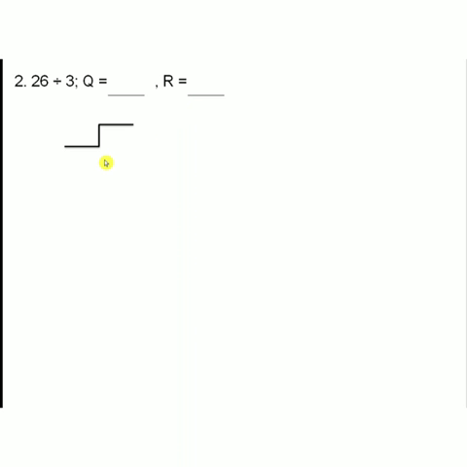Here 26 is the dividend and 3 is the divisor. We find out the quotient and remainder. Now we will use the table of divisor 3. Write the nearest multiple of 3 in the dividend 26, which is 3 8s are 24.